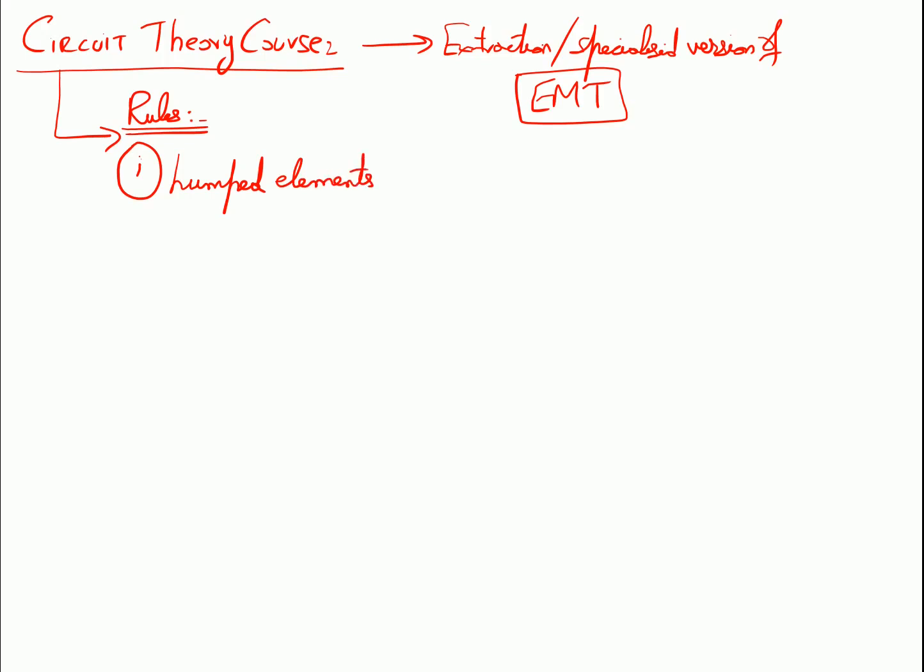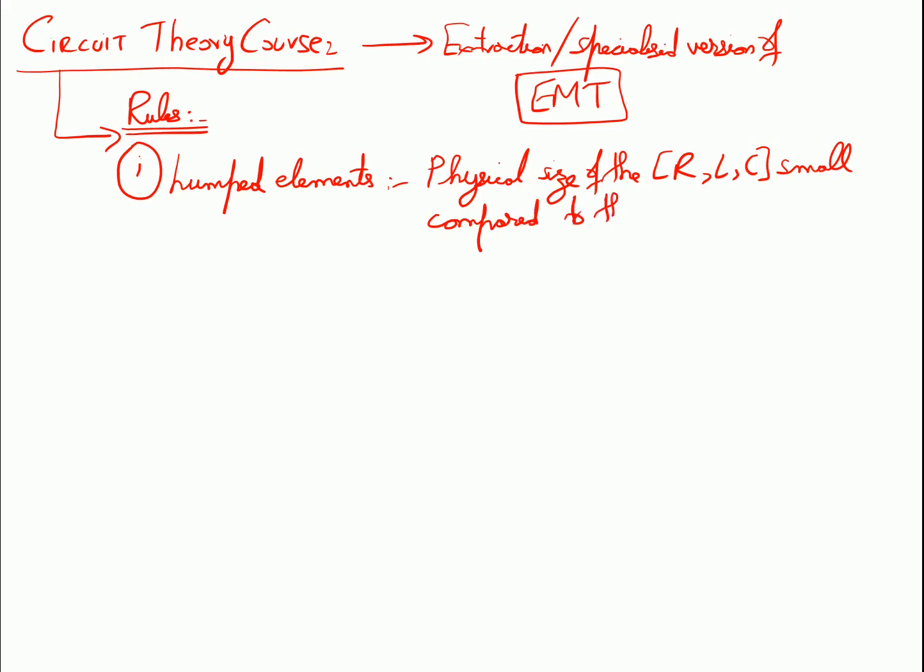Lumped elements means that the physical size of the object, the object being the passive elements, inductor, resistor and capacitor, not the sources at this moment, the physical size of the elements was small compared to the wavelength of the signal.